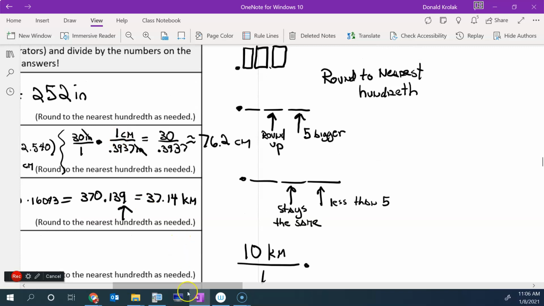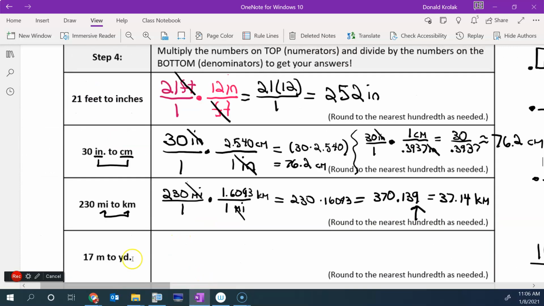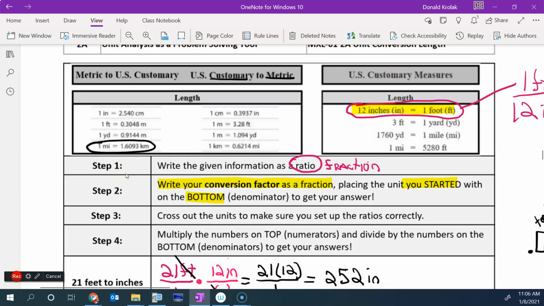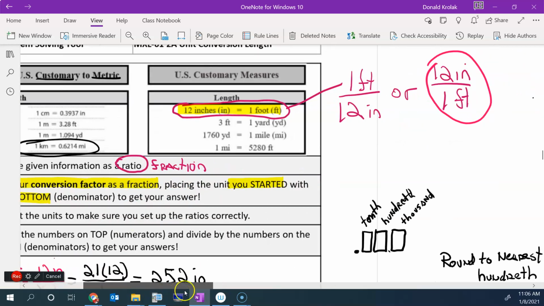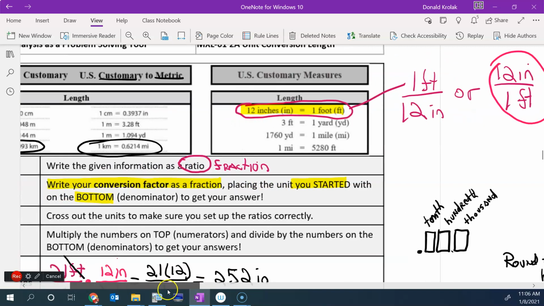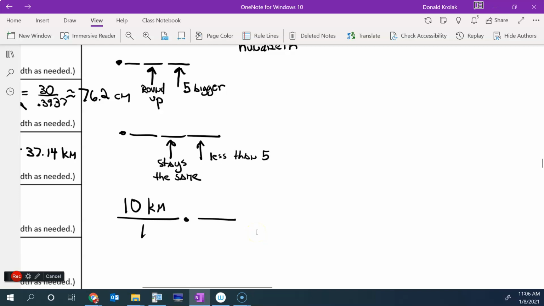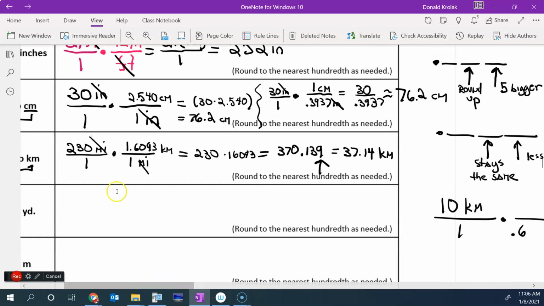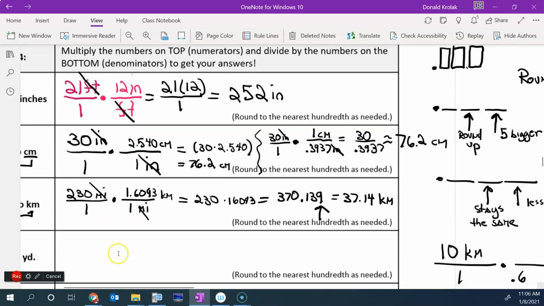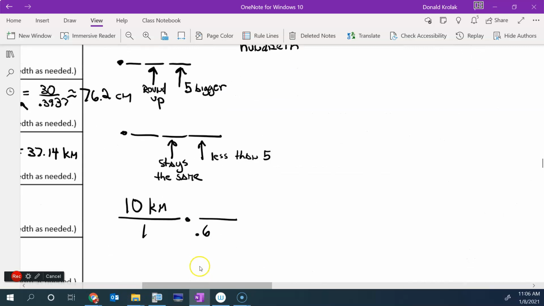So I'm going to take that kilometer and change it into a mile. What most people do when they're doing it in their head is use 0.6. But we'll be real accurate here: 0.6214.